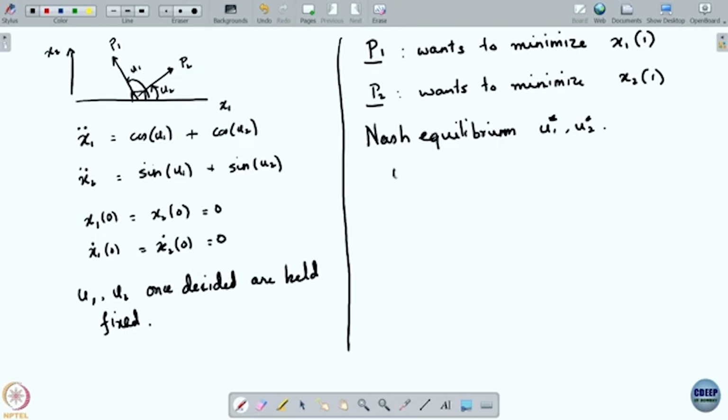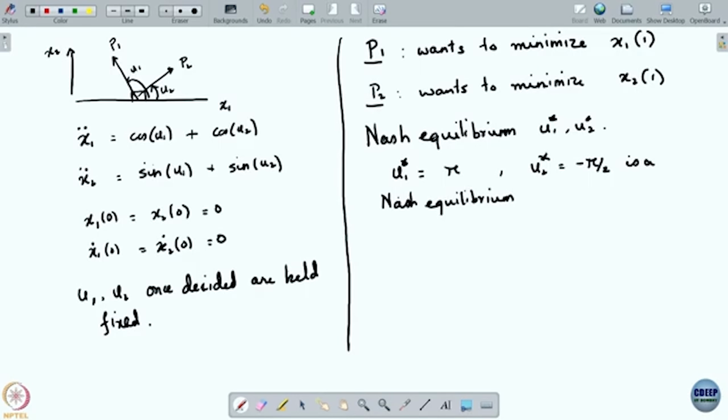That means you can check this, that u1 equal to pi, and likewise u2 equal to minus pi by 2. u1 star equal to pi and u2 star equal to minus pi by 2 is a Nash equilibrium. Now, can you tell me where does the block end up in this situation?